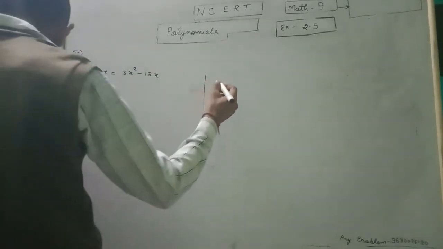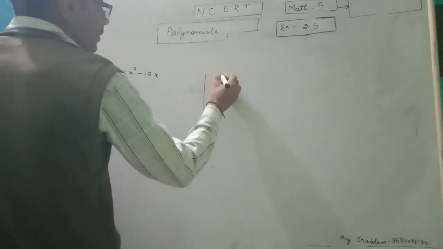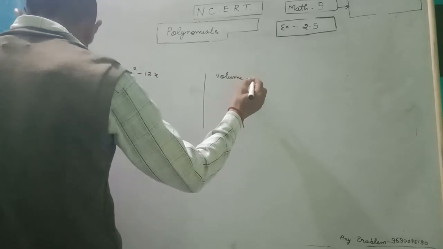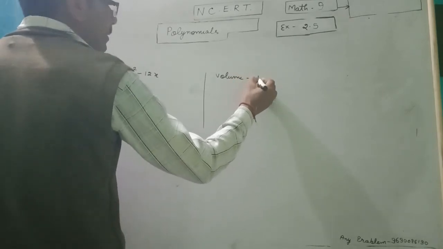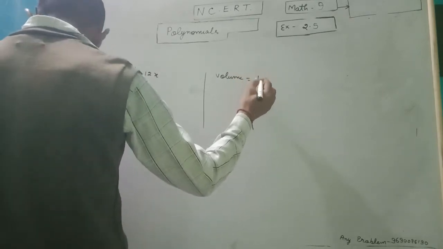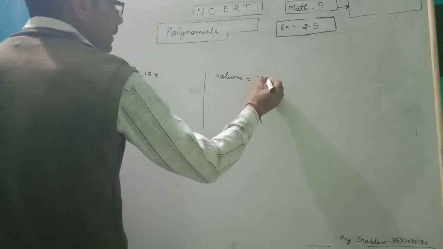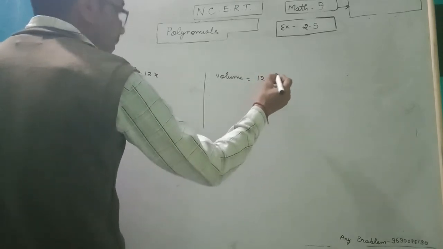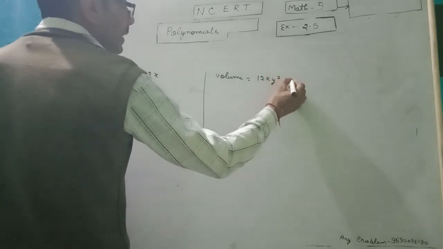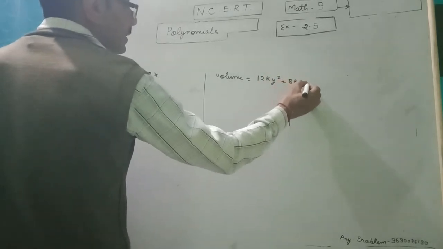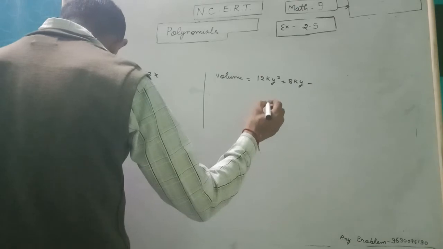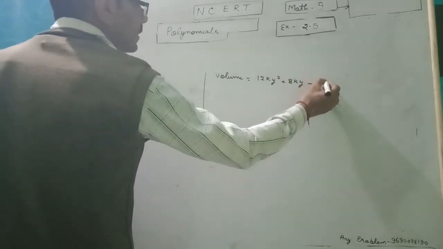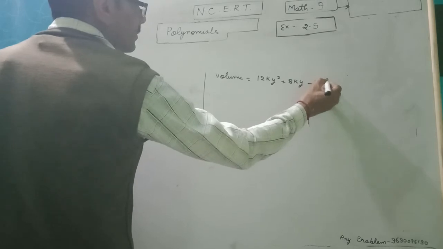Second part, volume is equal to 12ky² + 8ky - 20k.